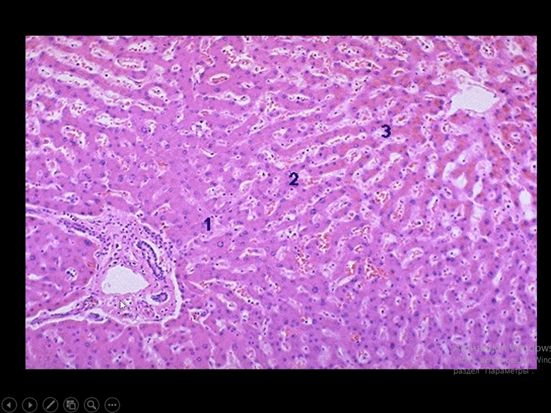Here this is the portal tract, and we can see connective tissue of the portal tract with the vein and arteries and bile ducts, and this periportal zone we name zone 1, and between these zones we see the intermediate zone, number 2.